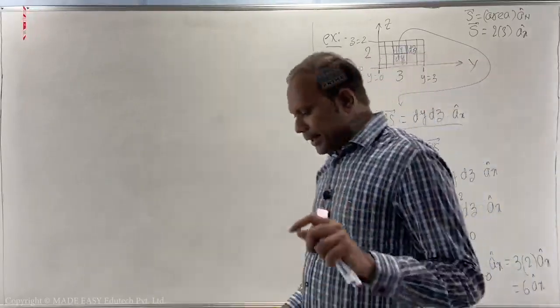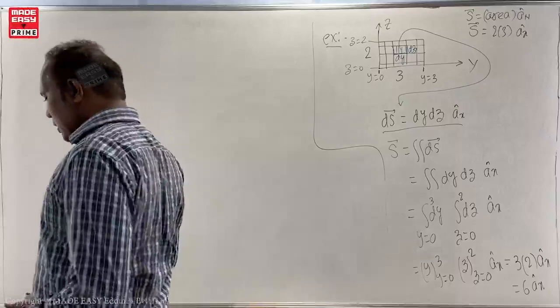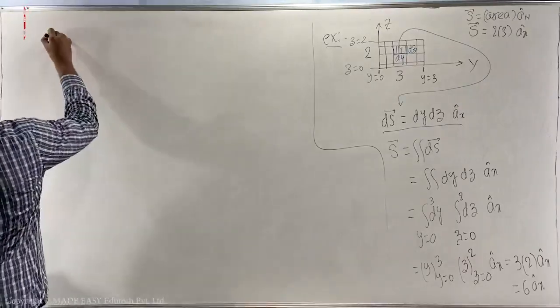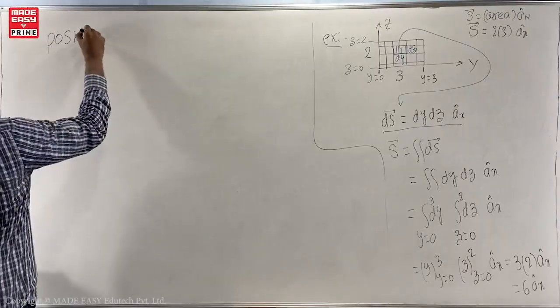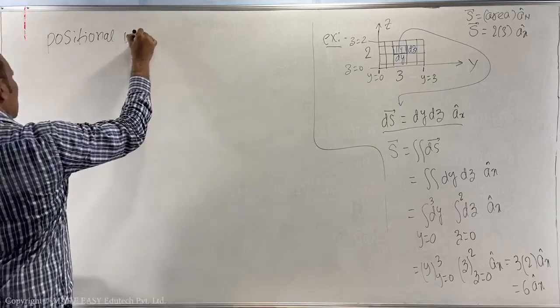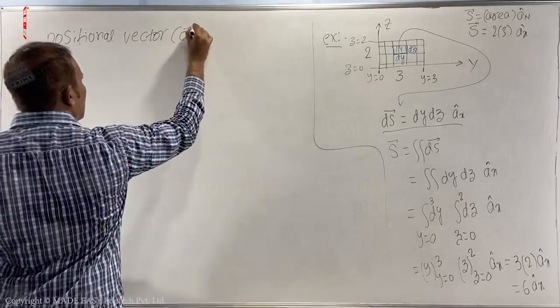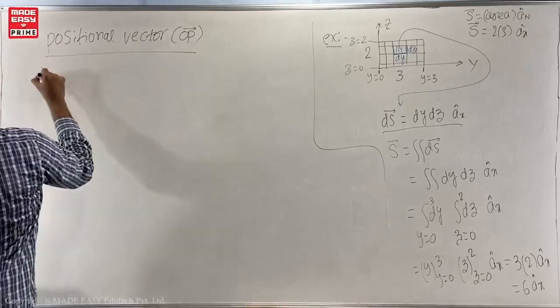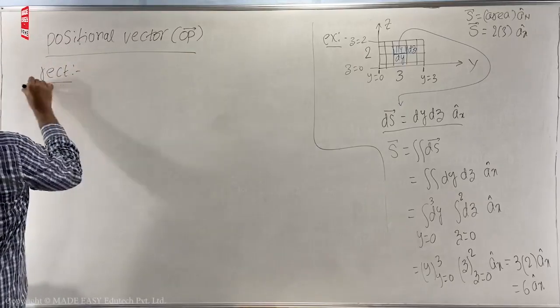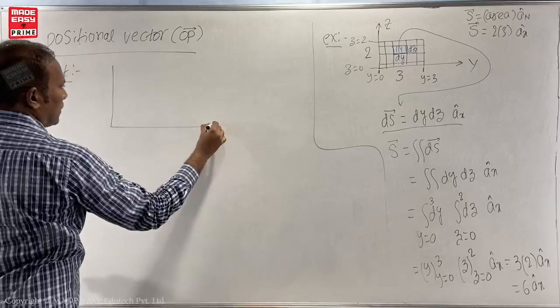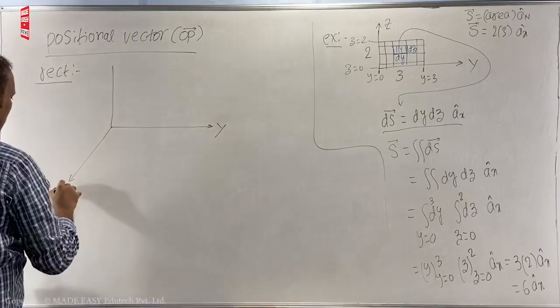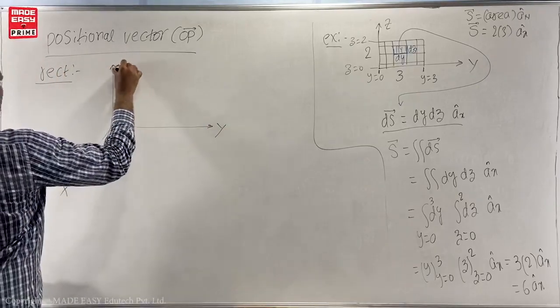Now actually I am going to tell you about positional vectors. Positional vector means OP bar. O means origin, P means general point. So in the rectangular system, if you see, this one is the y axis, this is the x axis, this is the z axis.